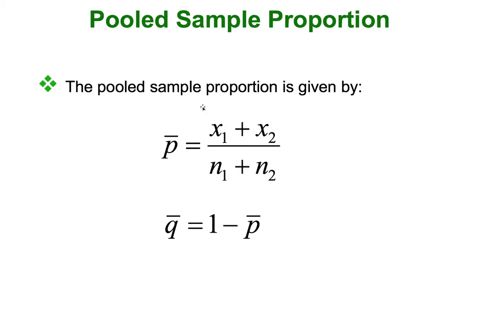sample. That is the pooled sample proportion, and its complement is shown here with a Q and a bar on top. So this is P bar, this is Q bar, and Q bar is equal to 1 minus this pooled sample proportion.